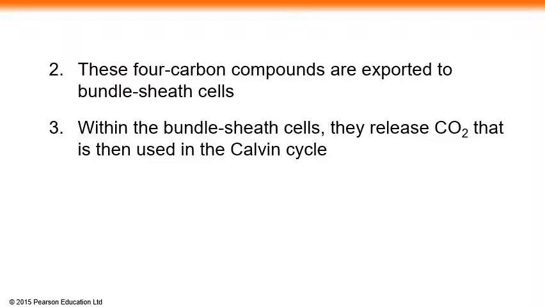So inside the bundle sheath cell, the Calvin cycle is operating now. The CO2 with the Rubisco enzyme produces C3 again, and the regular Calvin cycle operates inside the bundle sheath cell to produce sugar, glucose, and other carbohydrates.